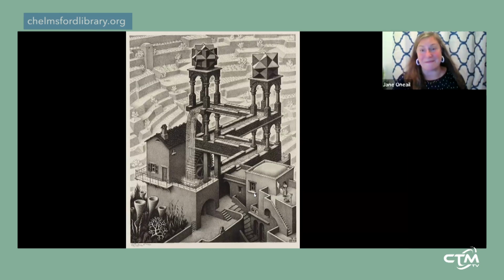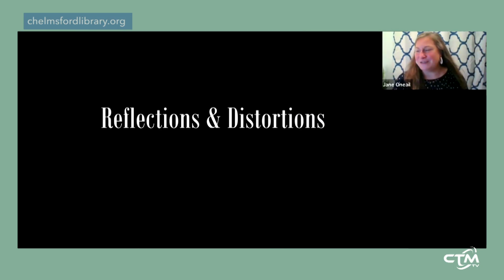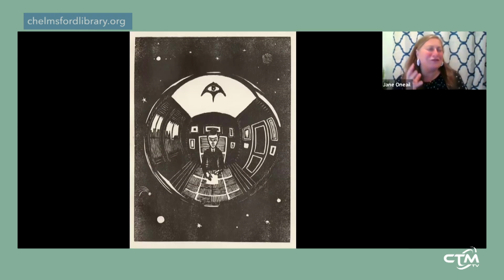I just love them. We're going to turn our attention now to reflections and distortions. Now, when it comes to M.C. Escher, we think a lot about his self-portraits and reflecting spheres and that sort of thing. So there's a lot of fun in this section too. This is one of his early self-portraits in a reflecting spherical mirror.